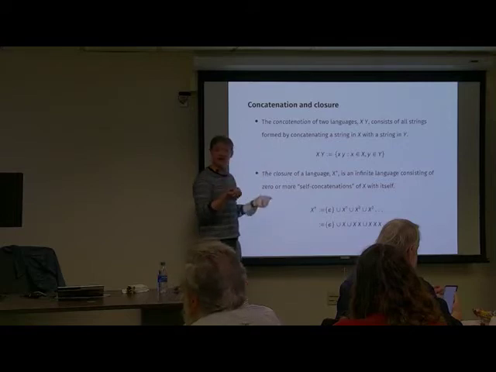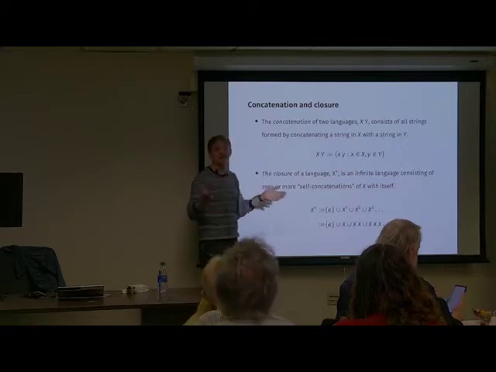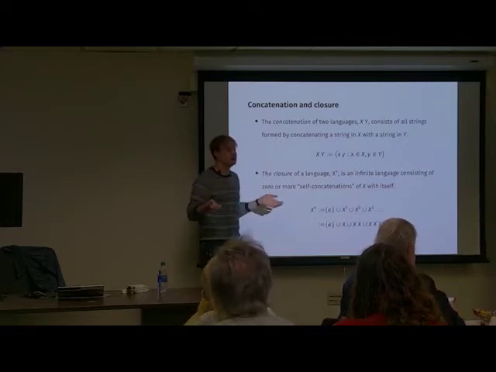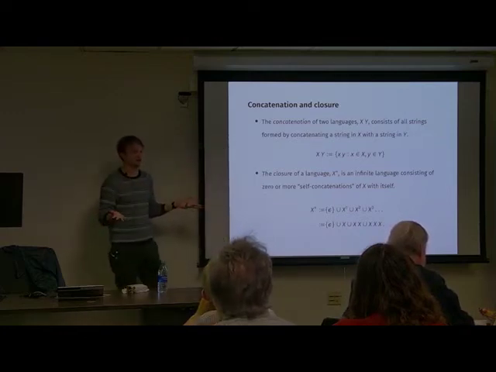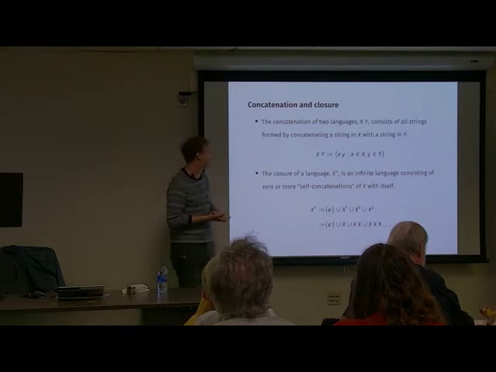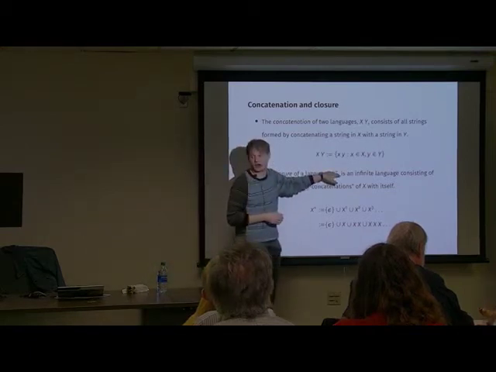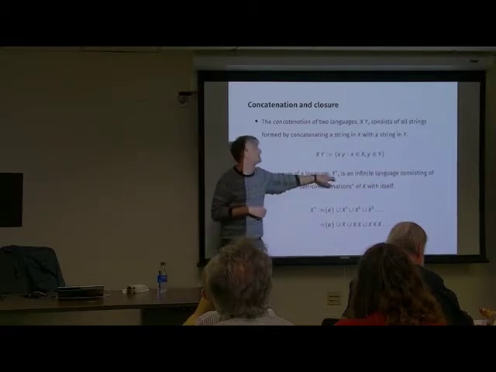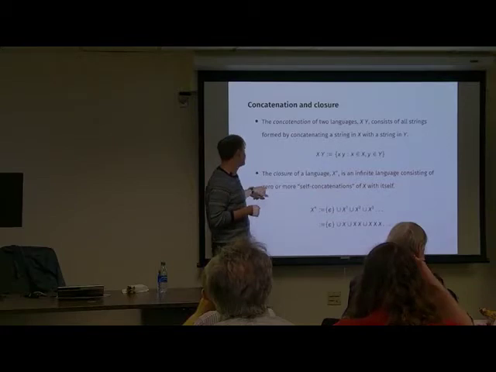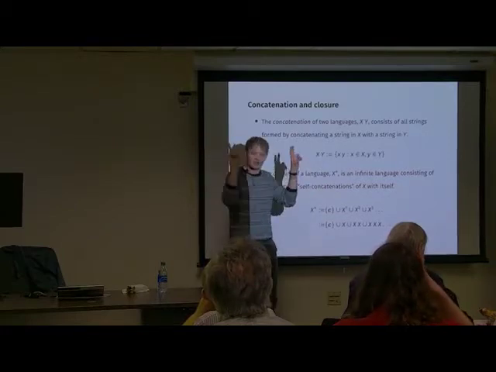I can do that 0 times, 1 time, 2 times, n times, on and on. If you can do that an infinite number of times, it can be said to be closed under concatenation. But in the formal language world, we usually just call this operation closure, and we write it x superscript star by convention. That's an infinite language, and it consists of 0 or more self-concatenations of x with itself.